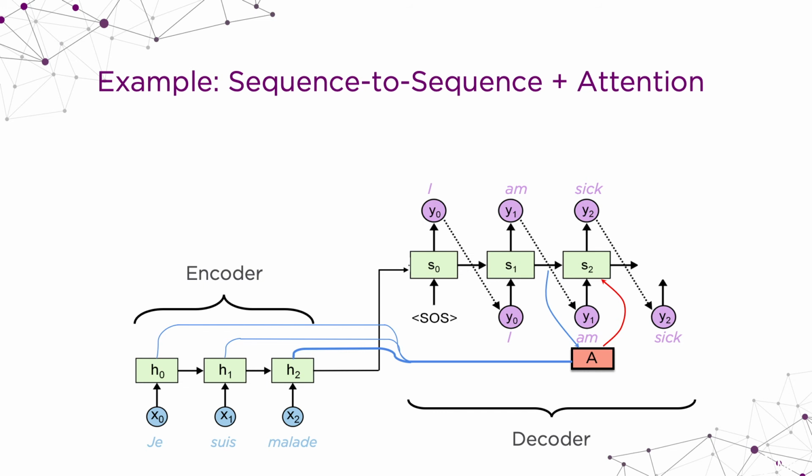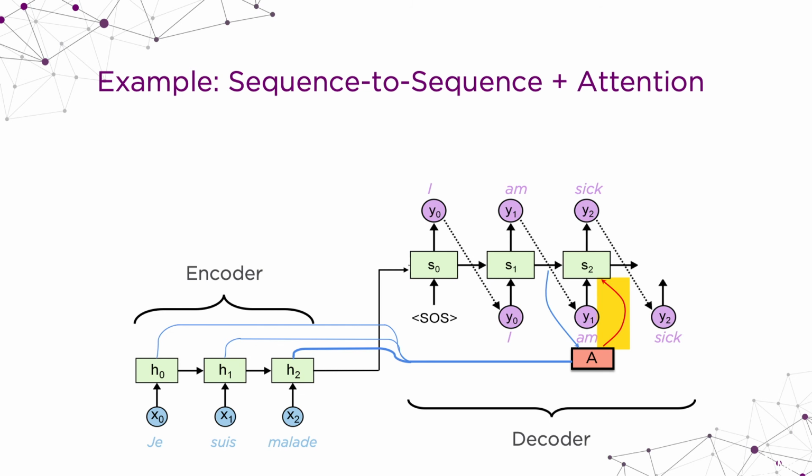So in this particular case, attention takes as input the previous internal state, S1, is looking at the encoded sequence here, and is deciding that the most important word is this malad, which is the third word, so is putting a high weight here. And then we are doing a weighted sum, and we have this context vector here that goes into the decoder.